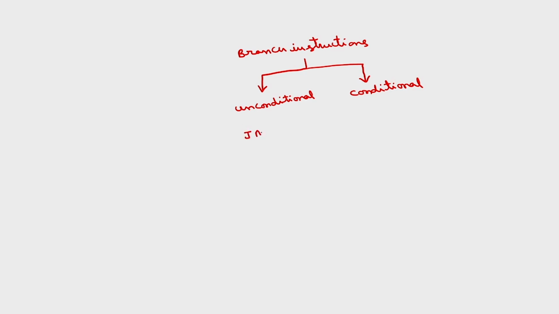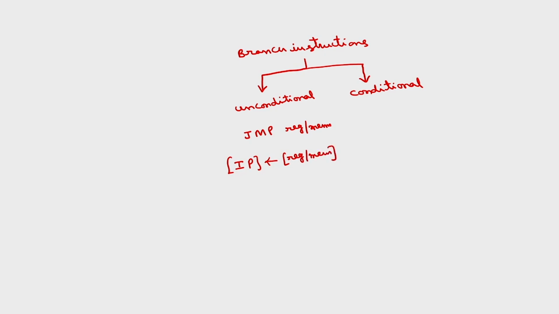The example of unconditional is simply jump, JMP, comma, and we can specify register/memory. So whenever the microprocessor executes this instruction, the instruction pointer will simply be loaded with the contents of the register/memory.